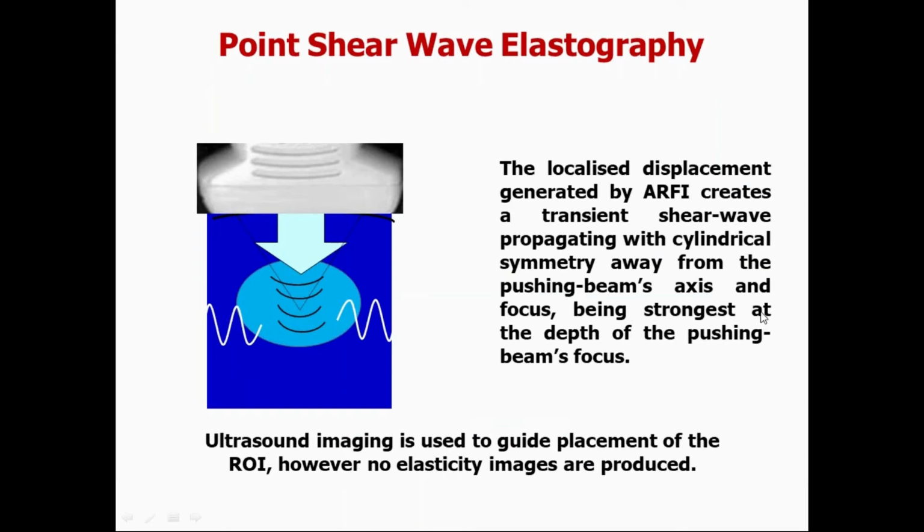In point shear wave elastography, the strongest part of the ultrasound beam is at the focal point. This is where the pushing is made, and shear waves are generated, and they propagate in a cylindrical symmetry away from the pushing.